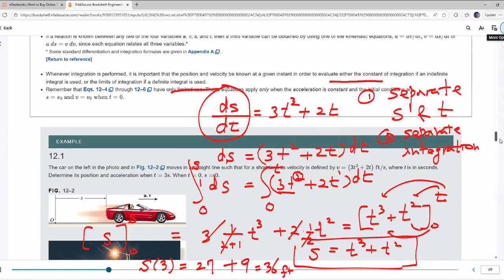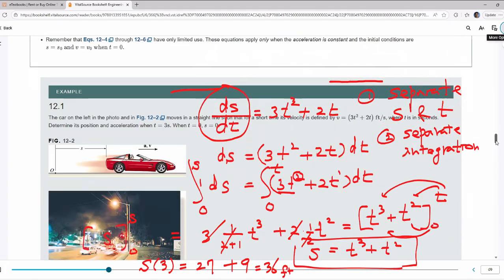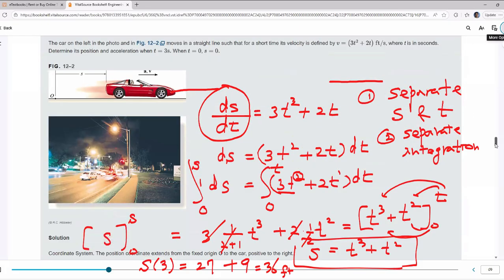Now it asks for acceleration. Acceleration is the derivative of position. Oh, sorry, the derivative of velocity. So that is easy, isn't it?